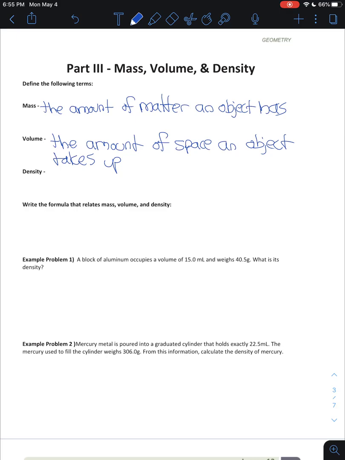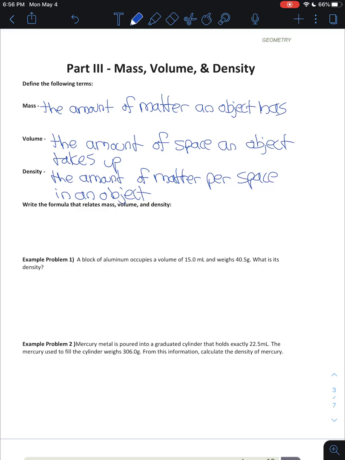And then density. Density is basically the amount of matter per space in an object. And I think this is probably the toughest one to understand. It's just how much matter, or how close the matter is together in an object.